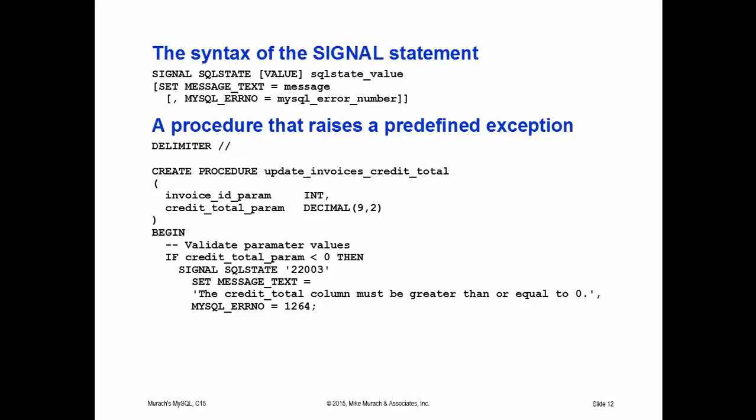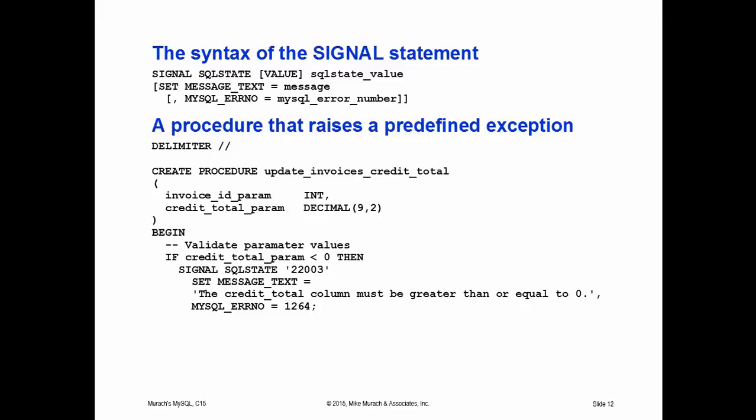Figure 15.4, which is on page 423 in the book, shows how to raise an error using one of the predefined errors available in MySQL. To do that, you code a signal statement, followed by the SQLSTATE keyword, followed by an SQLSTATE code. Then you can optionally include a set statement that sets a message and MySQL error code for the error. They mention in this figure, for example, the if statement checks whether the value of the second parameter is less than 0.